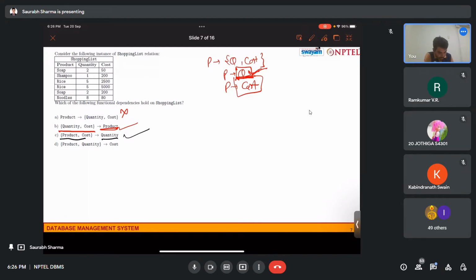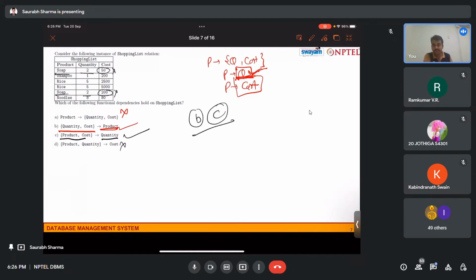So there is product soap with quantity 2, there are two entries, so there will be two costs. From here we can infer that we are not able to differentiate between the cost of two different tuples, so it will not be the answer. So the answer will be B and C.